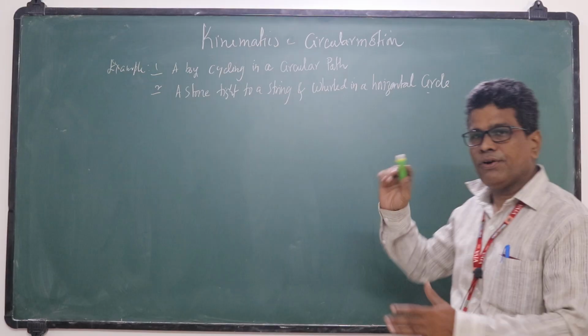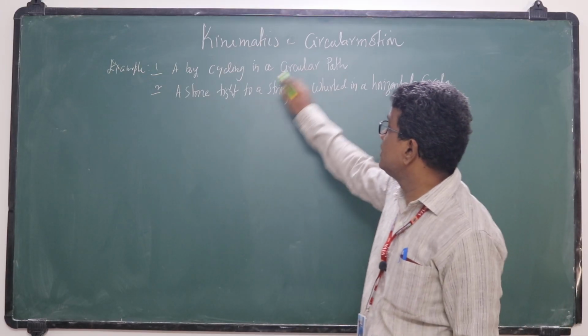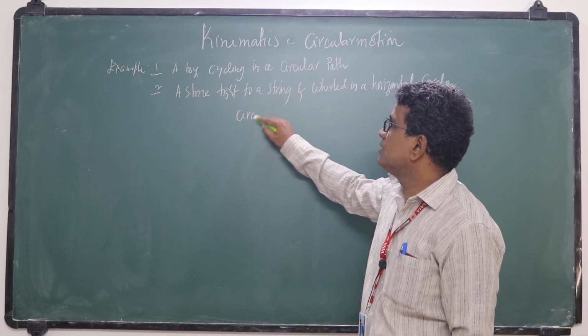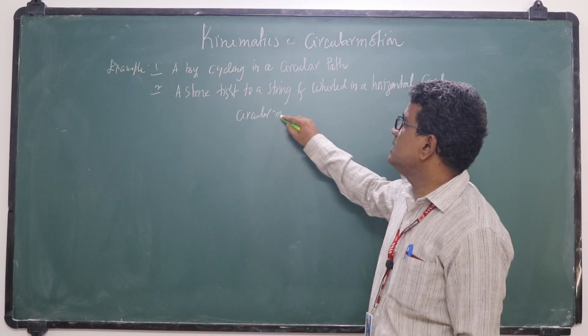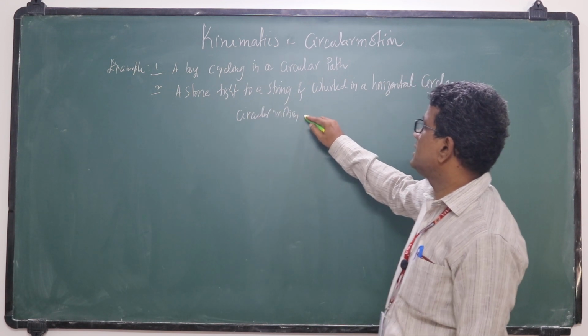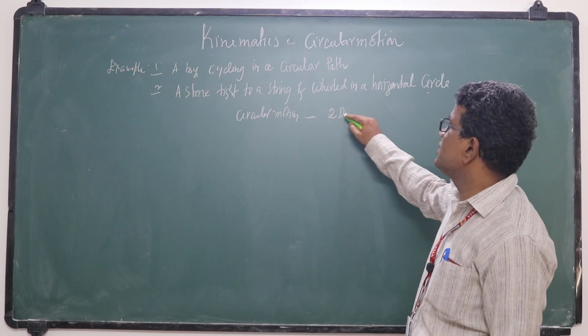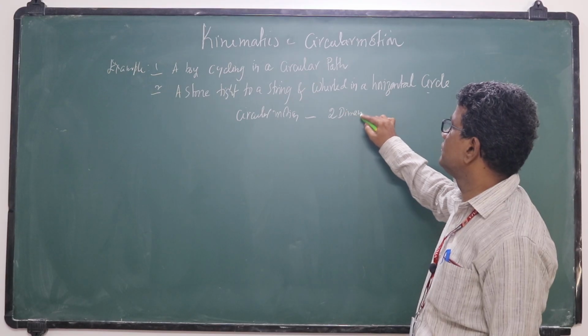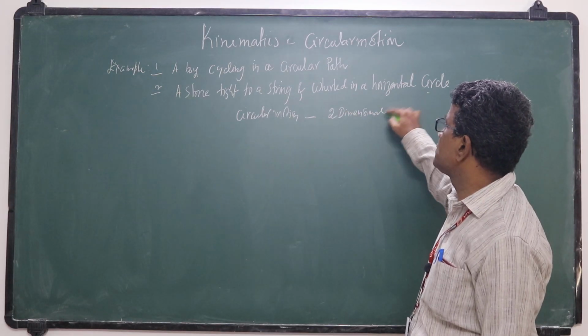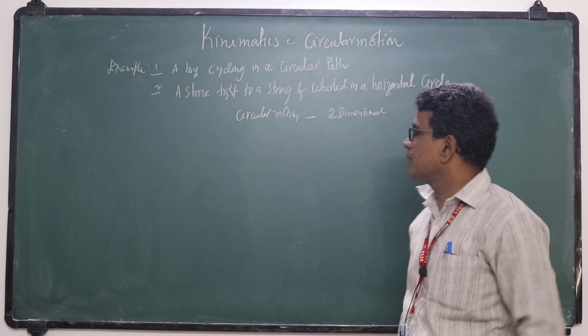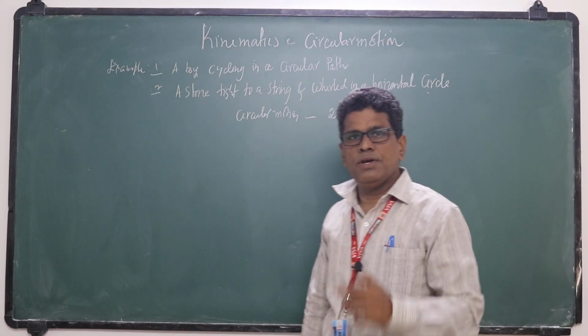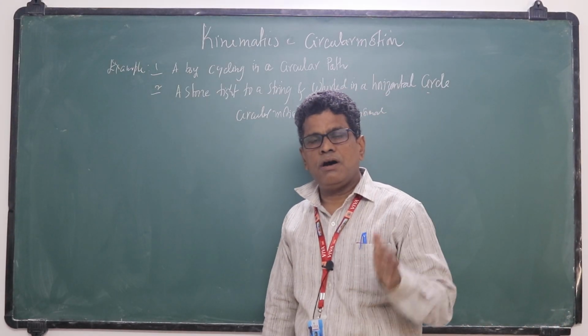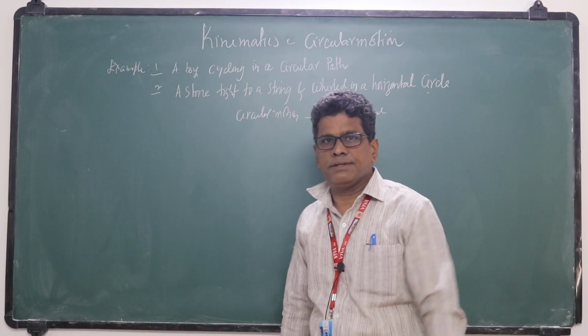This circular motion is an example of two-dimensional motion. There is a plane of rotation. It may be horizontal, vertical or inclined.